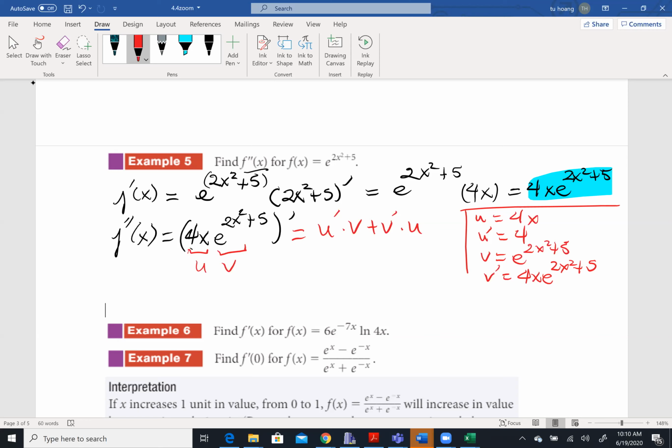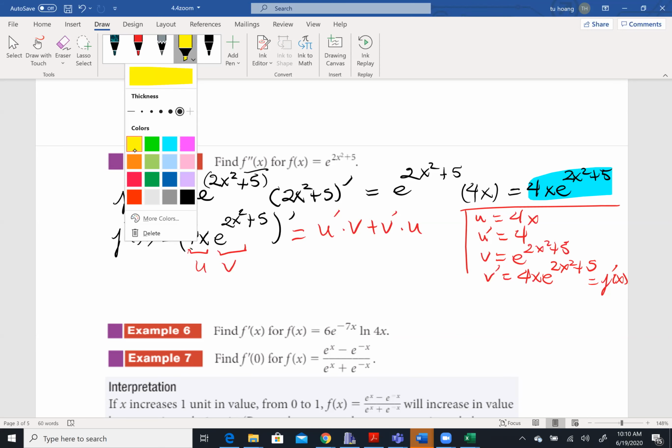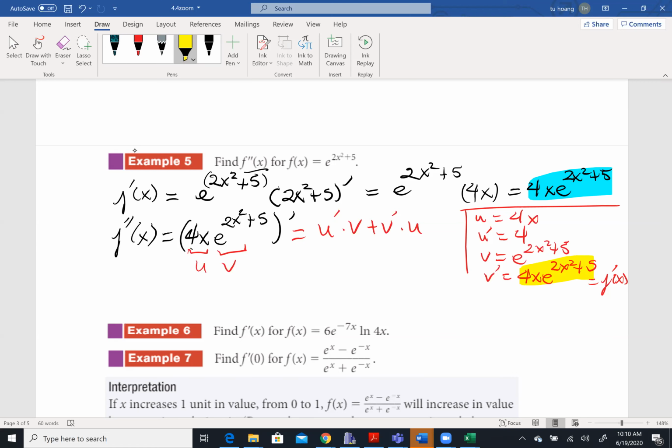So we take the derivative of that, and it's going to be exactly the same as the first derivative of x, right? See that? I would like to color this, and this. All right.